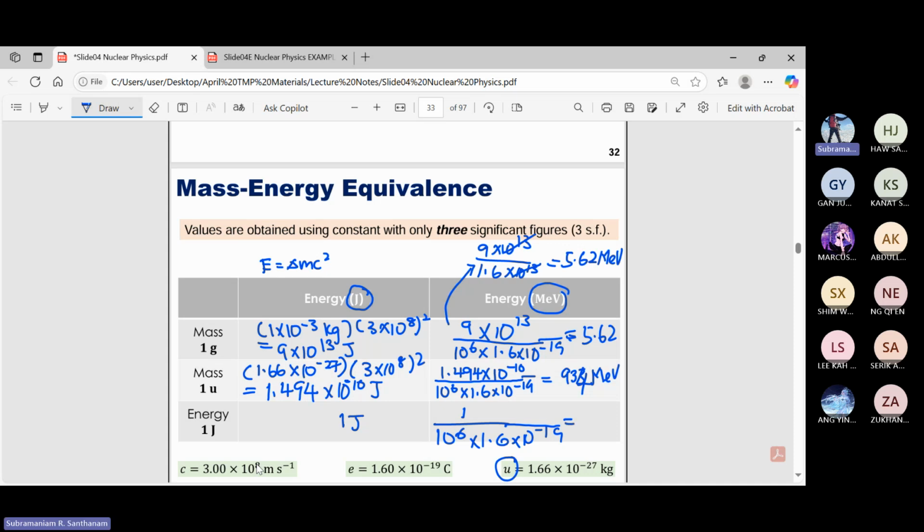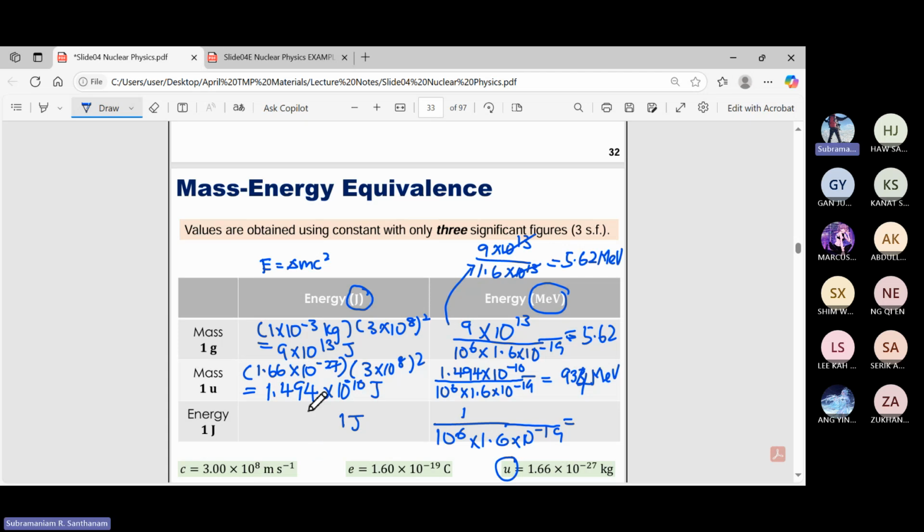So in order to change the energy in joules to MeV, you need to divide by mega and the charge of an electron. And if you want to change to EV, you will see the EV later in the last chapter, especially when you go into the quantum physics region.